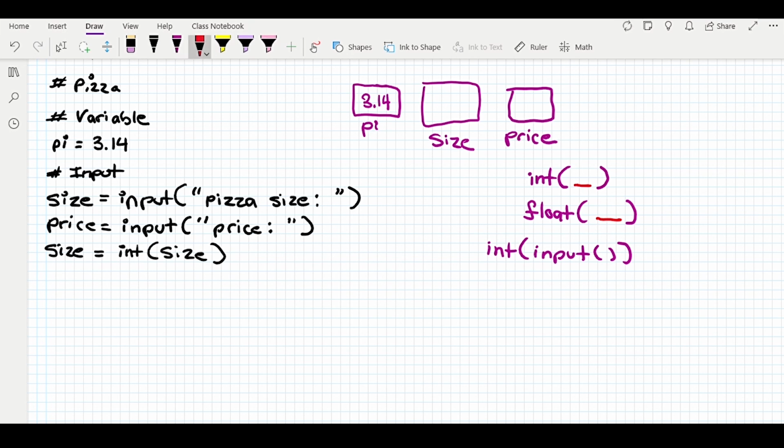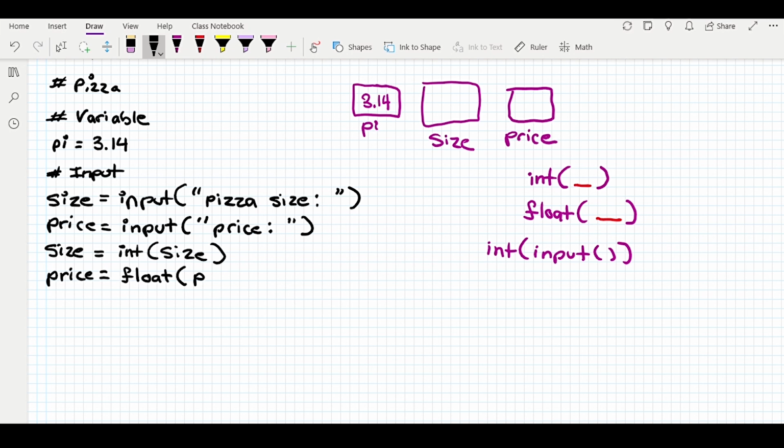And we can repeat this with price, except instead of an int, we are going to convert it to a float. So we're going to say price. Hey, that memory that you made for price, that value inside of there, it's a string, and I want it to be a float instead.